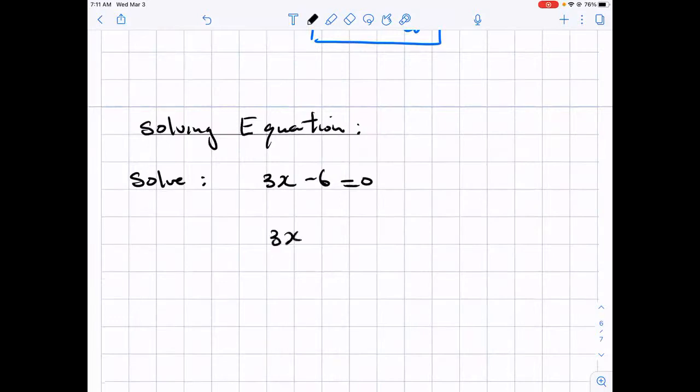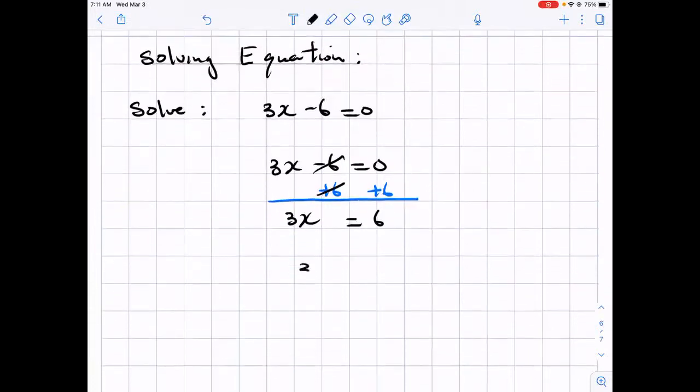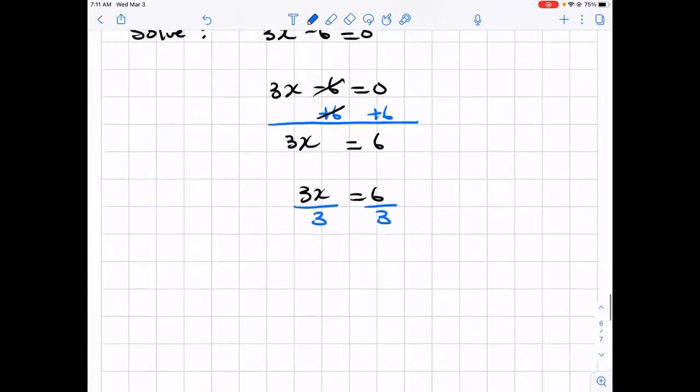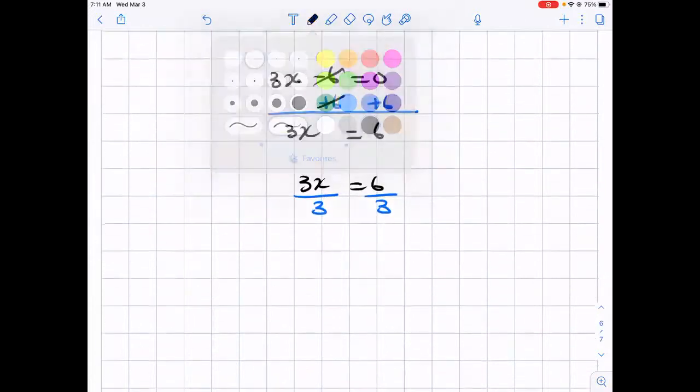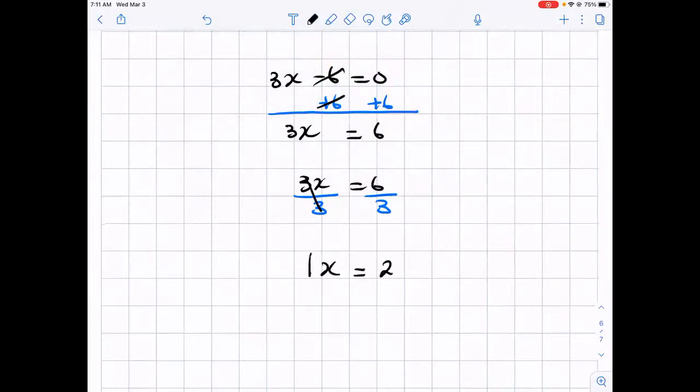What I'm going to do is add 6 to both sides. We have left 3x, and the minus 6 and the plus 6 combine to become 0. Then to get x by itself, I will divide both sides by 3. 3 divided by 3 is 1, so x is equal to 2.